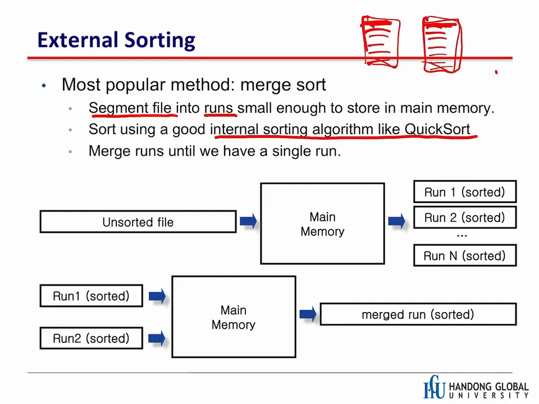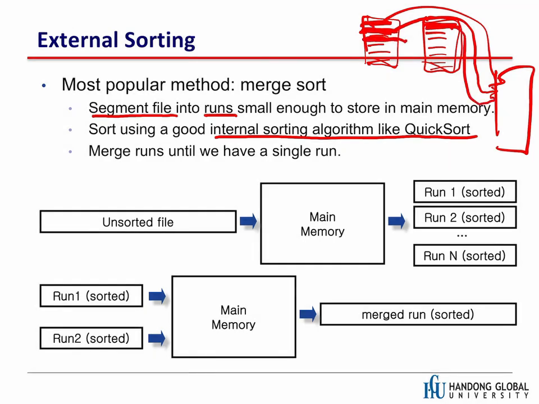If this key is smaller than this key, then in the bigger file, write this line, and then read the next line and compare again. If this line is smaller than this one, then we write this line here and read the next line. Now this line is smaller than this one, so write this line into the merged file.